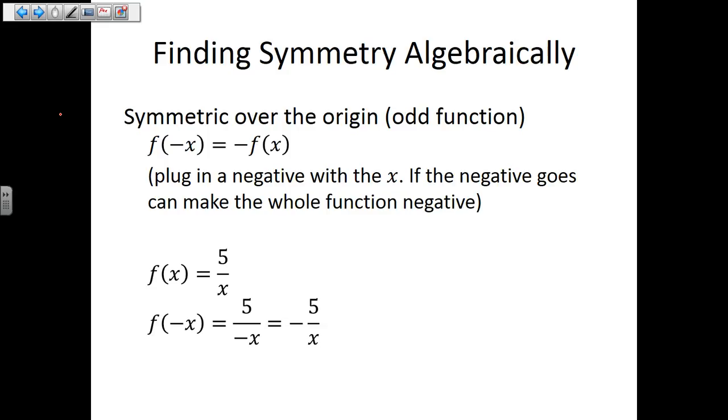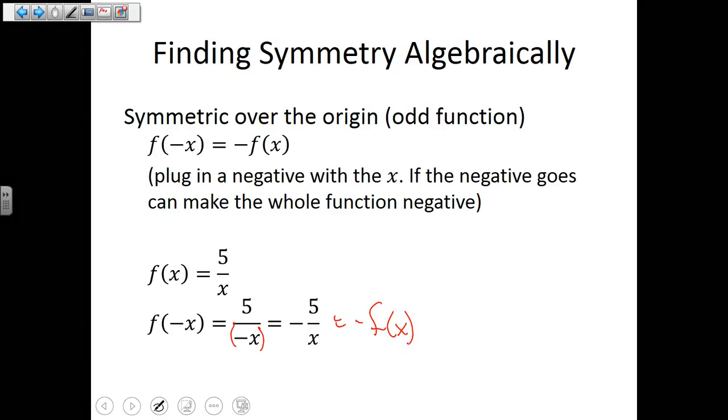The inverse function that we saw earlier was f of x equals 5 over x. If we plug a negative in with that x, we see that negative plugged in down here on the bottom. Well, that negative can pull out front, and what we have is negative our original function. And that's an indication that it's symmetric over the origin.